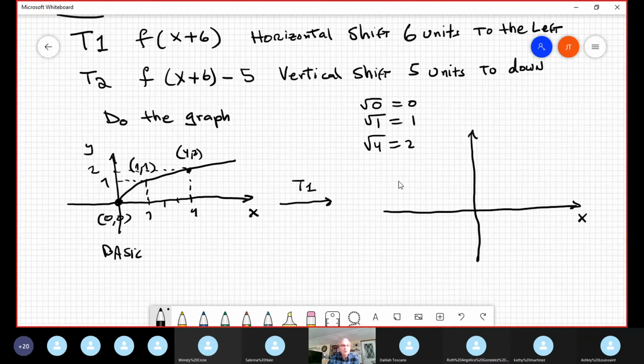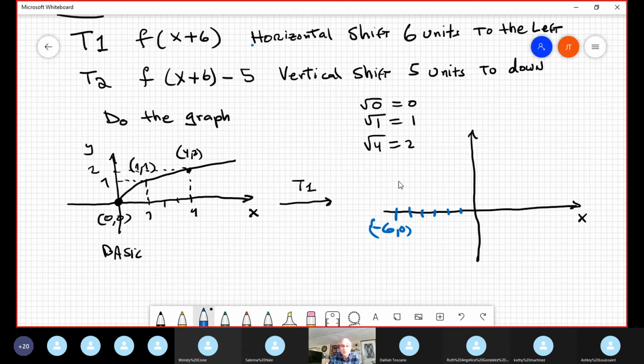And let's do it point by point. This point is 0, 0. Now that point would be negative 6, 0. The reason was I decreased, subtraction, because I shifted 6 units to the left, point by point.